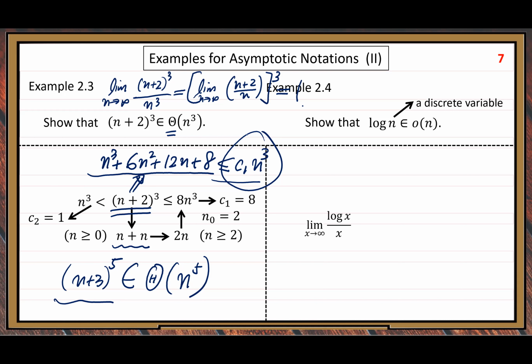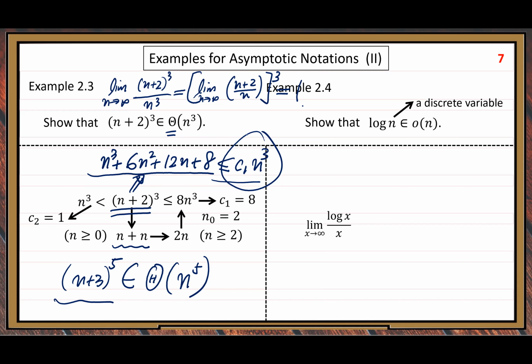So we need to calculate this limit. We change it to continuous variable x first. Here we want to apply L'Hopital's rule. Before we apply it, we need to check if it's an indeterminate form.